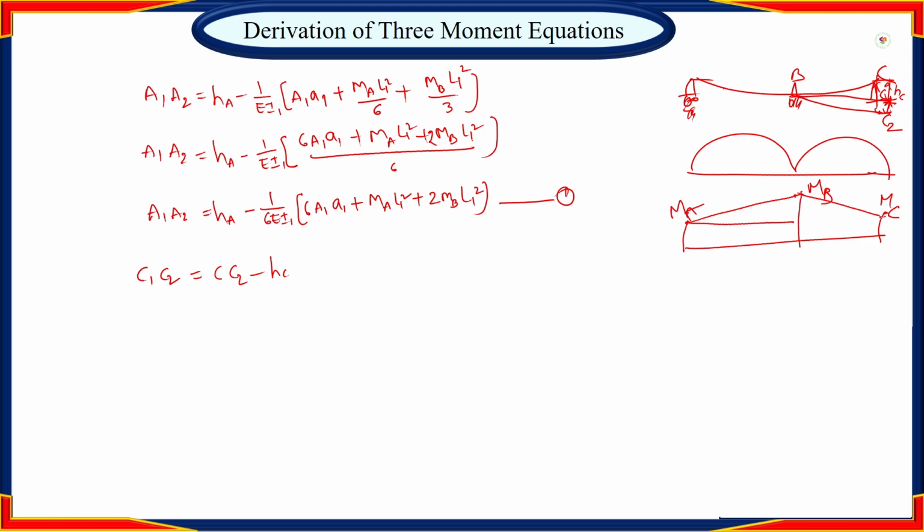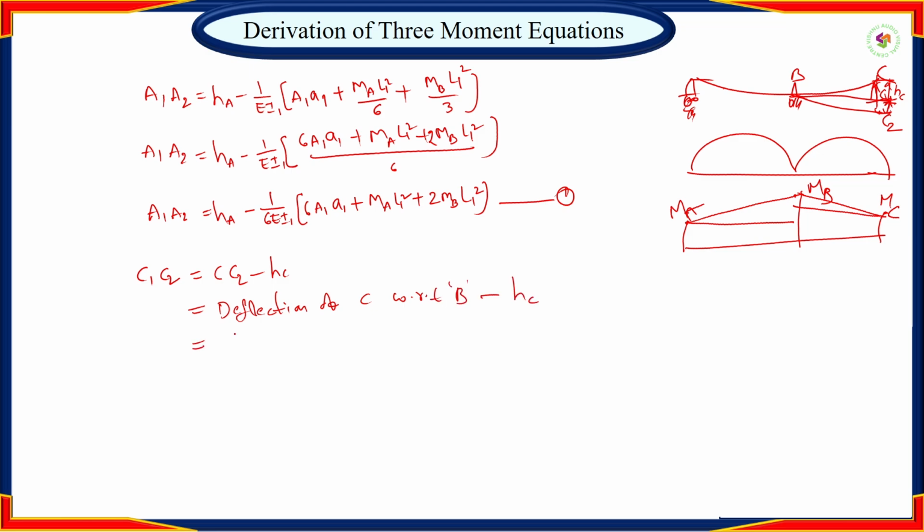So the same concept again we are going to apply for the BC span. We can write CC2 as the deflection of C with respect to B, minus HC.